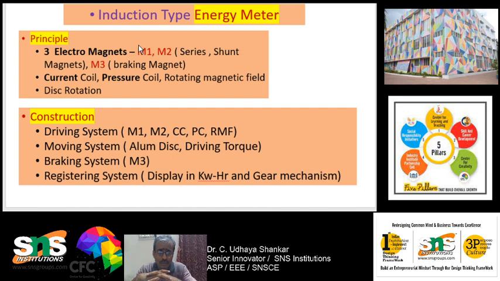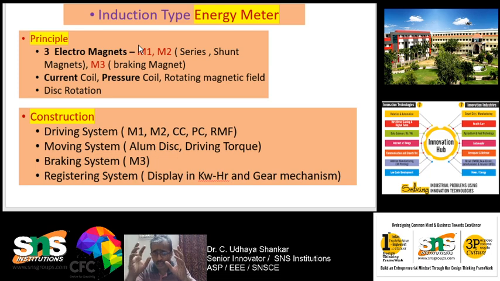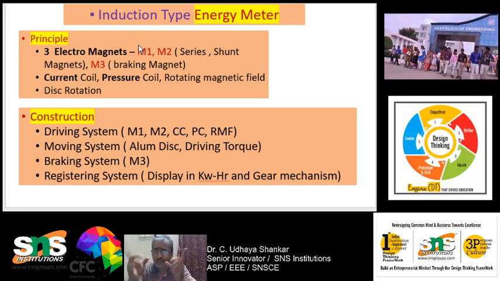Because of the interaction between the current coil and the pressure coil, which have been wound over the magnets M1 and M2, a rotating magnetic field will be developed in between the magnets M1 and M2.